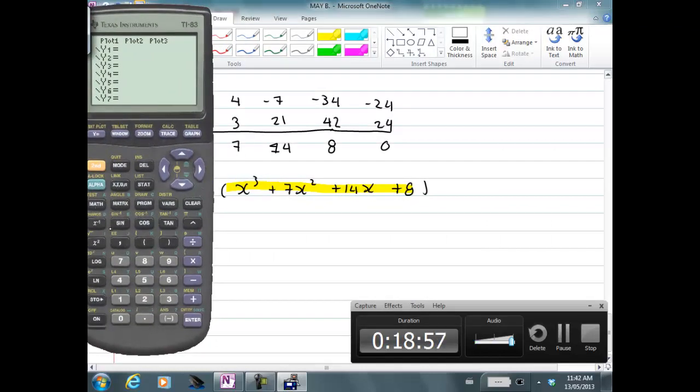x cubed plus 7x squared plus 14x plus 8. Hit graph. Oh, what the heck is that?